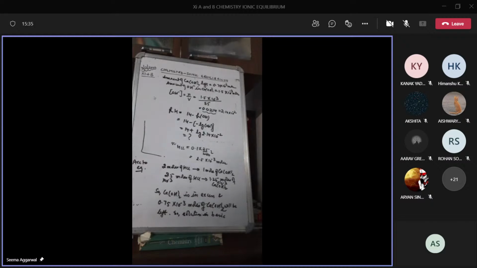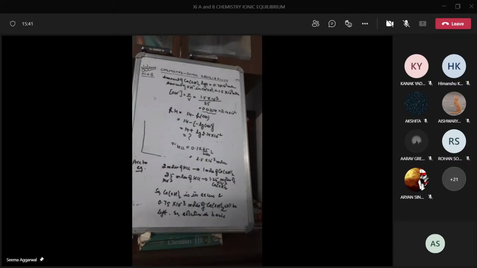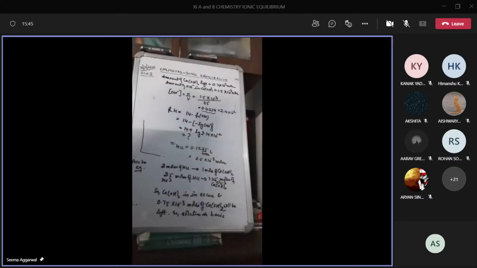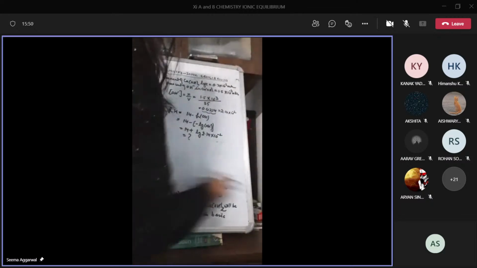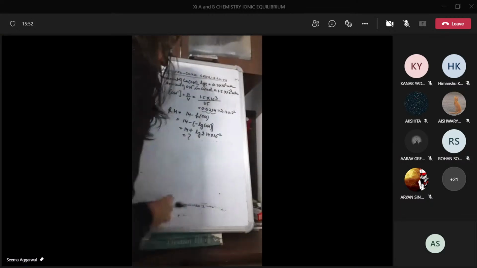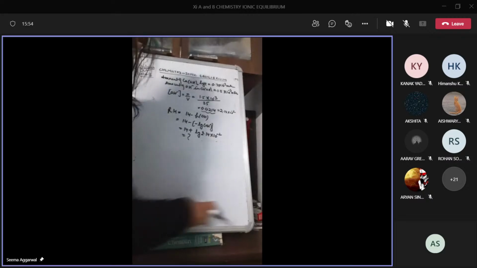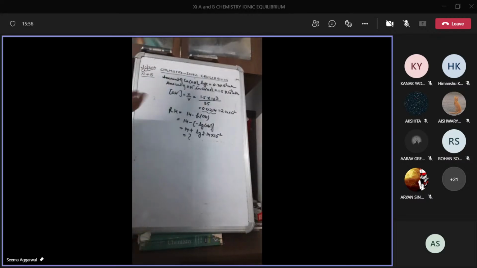Okay, so you can solve the question and find out the answer now. So you can try the further question at home and I am leaving it here. Next is the calculations which you can do. But again and again we are telling you that the log values will be given to you. No need to make use of the log table.